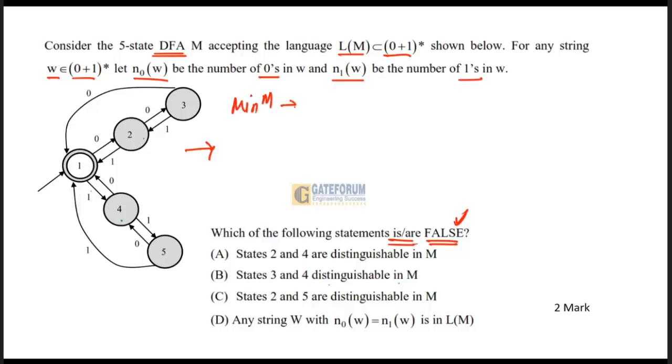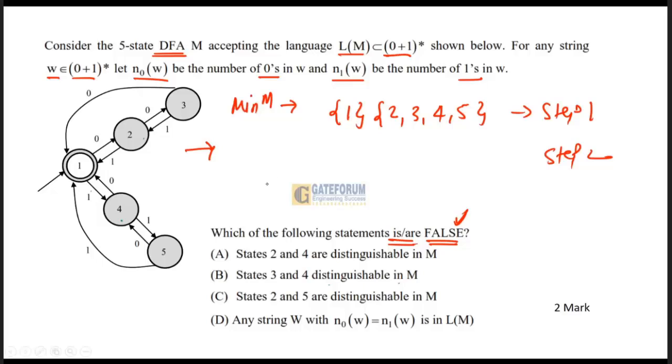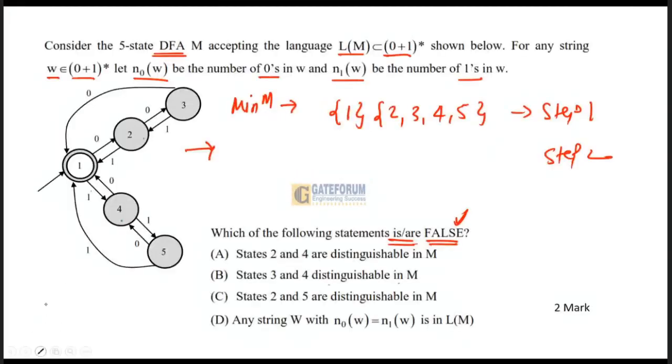So for performing minimization, as of now you can see state 1 is separated from all the other states. This is my step 1. Now in step 2, if I perform it on the basis of 0 closure, then state number 2 and state number 5 will be there.